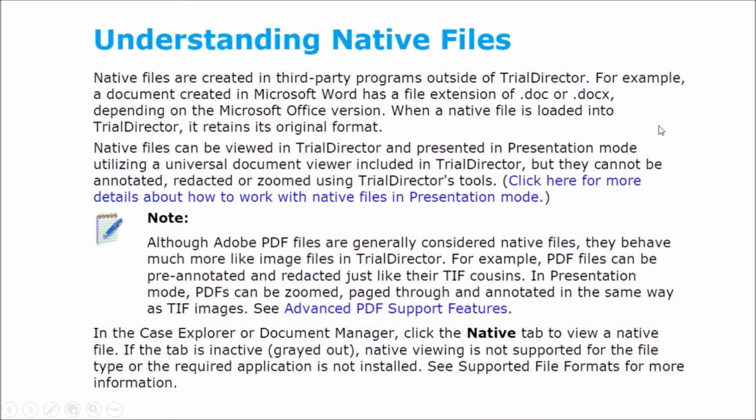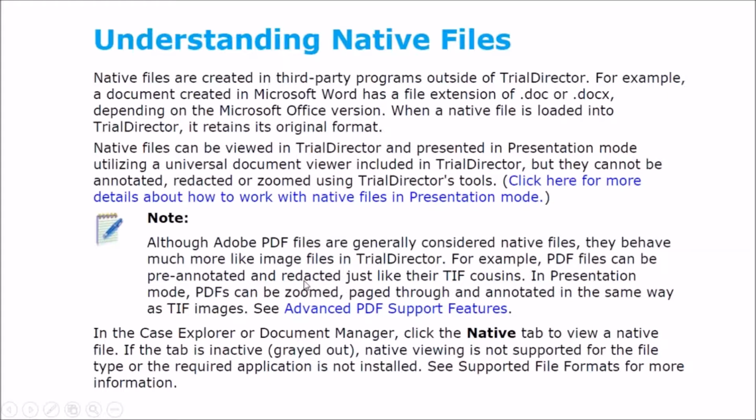But what is unique in Trial Director is that native files can be viewed and presented in presentation mode using what is called a universal document viewer. It's included in the Trial Director application. But again, they cannot be annotated. You can't redact them. You can't zoom in on them using the Trial Director tools.